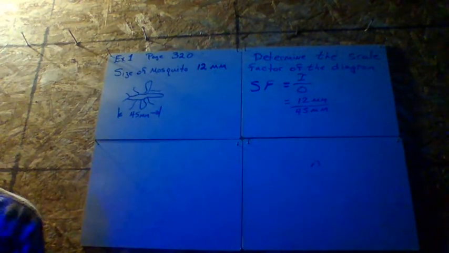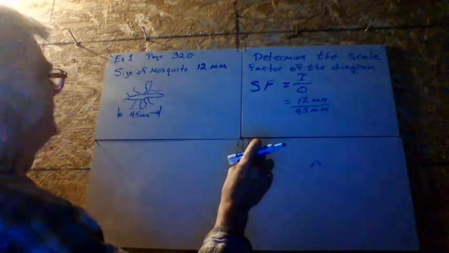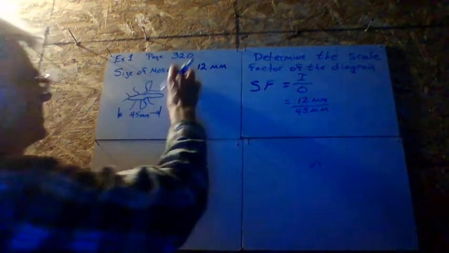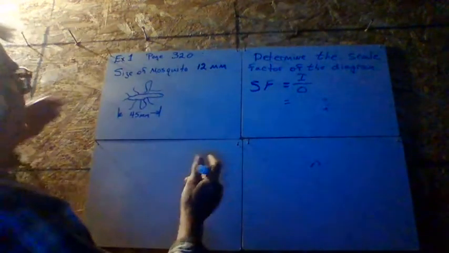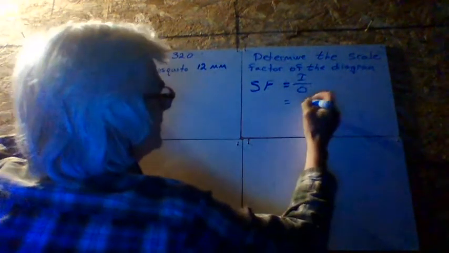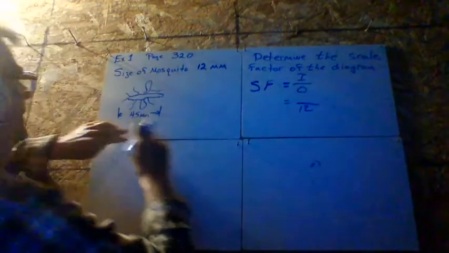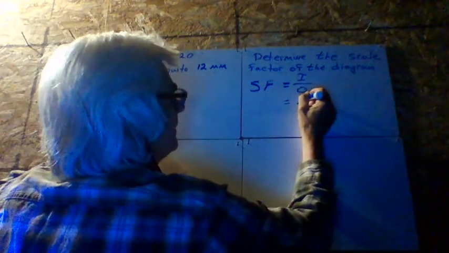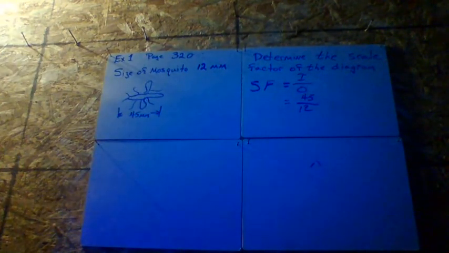I have that backwards. Yes, this is my original. Fix that. Original goes on the bottom. It's my 12. And my image is my 45. Then I take my 45 and divide it by my 12.